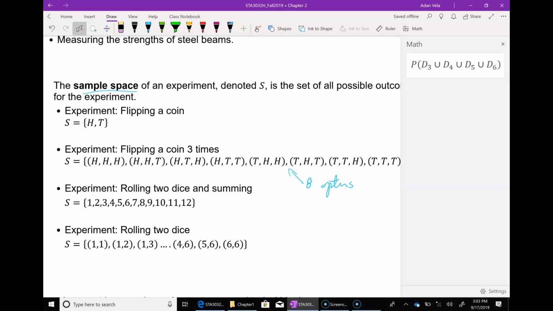Actually, there's 3 unique traits here. One is that all these sample spaces are finite sized. So this one has 36 elements in it. Rolling 2 dice and adding has 12 elements. Flipping 3 coins has 8. Flipping 1 coin has 2.